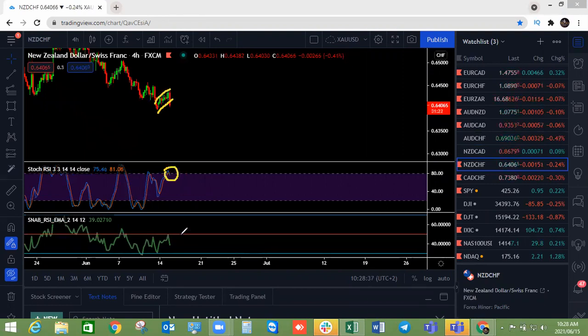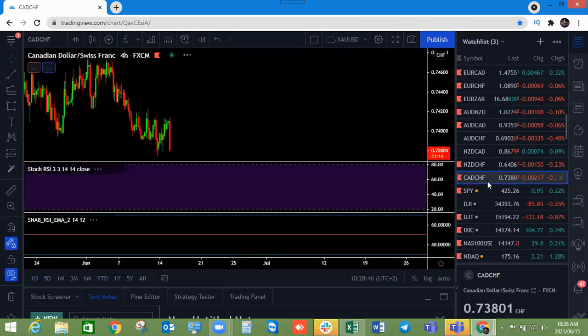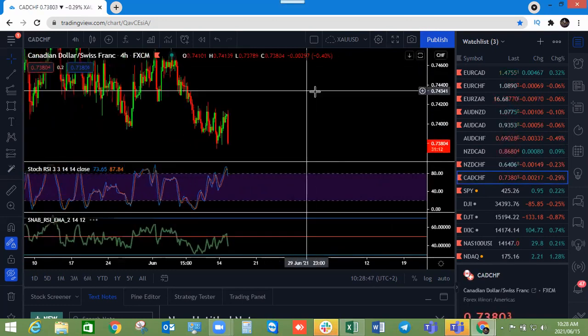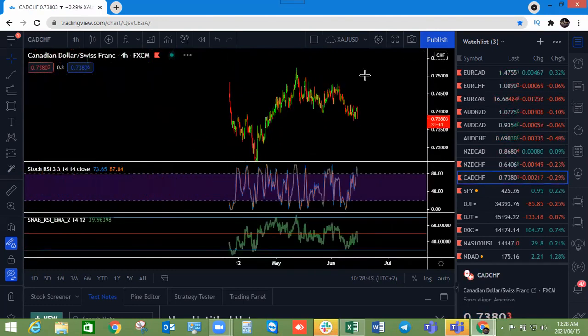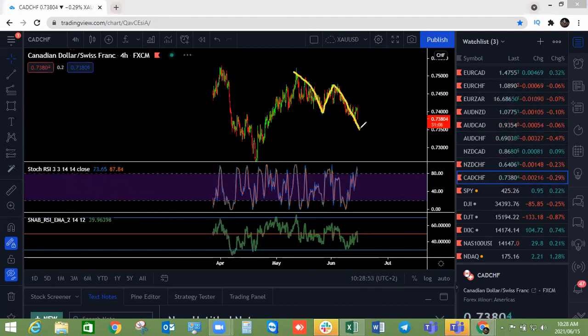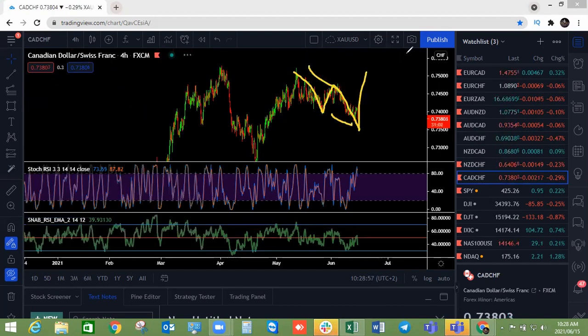Set up here on the 4-hour. But how far will this go? CAD Chief. We thought it was going to bounce yesterday. Still giving us this corrective structure. Still continuing to the downside. Eventually, we should see this push up higher.